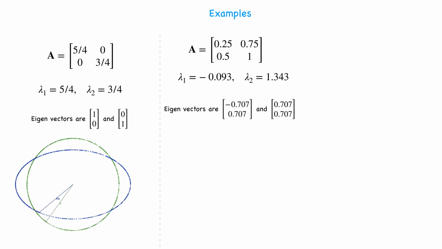Since the first eigenvector lies in the second quadrant, the minor axis is aligned in this direction.